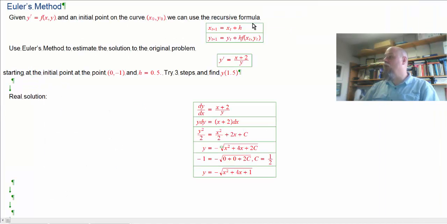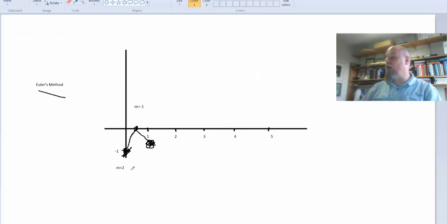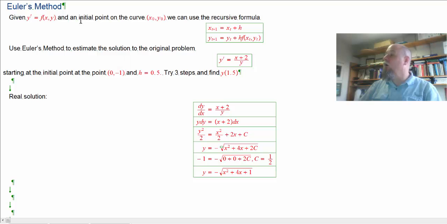That's the algorithm then. So let's get back here to Euler's method. We've got a differential equation. When I was drawing in Microsoft Paint, I was just saying, oh, the tangent slope is 2, the tangent slope is -1. How would I actually be calculating those slopes? Well, I have a slope formula: y prime equals a function of x and y. That's my differential equation. So the problem starts with your differential equation, your slope formula, and an initial value, an initial point on the curve.